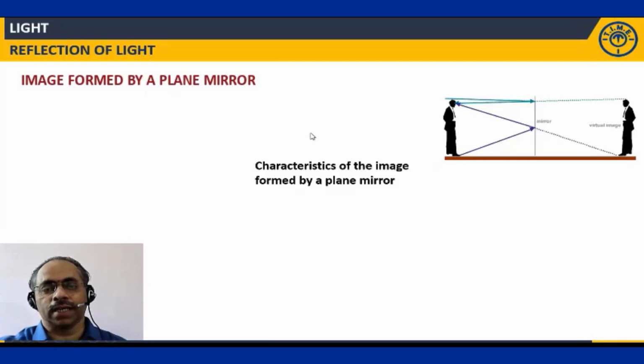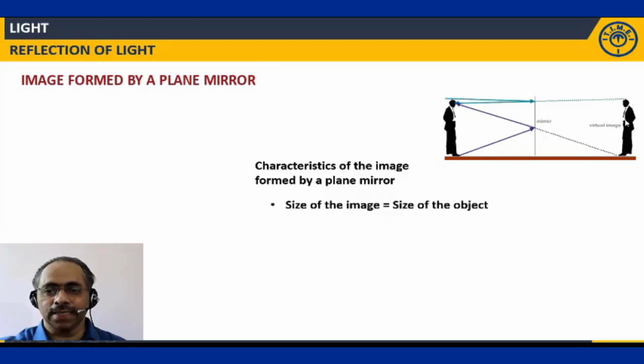Now if you look at the characteristics of the image formed of this person in the plane mirror, the first and foremost thing is that the size of the image is equal to the size of the object. Clear? Here you need to note an important point: we compare the size of the image with the size of the object.